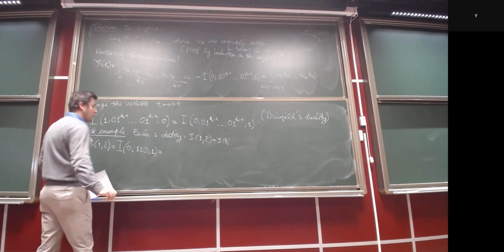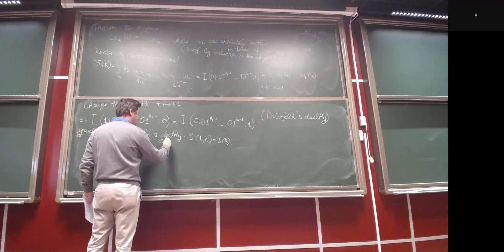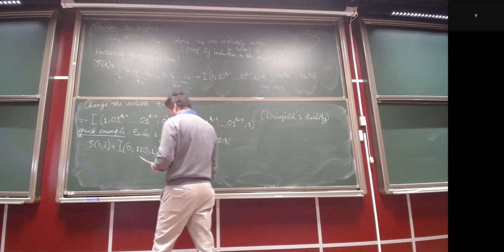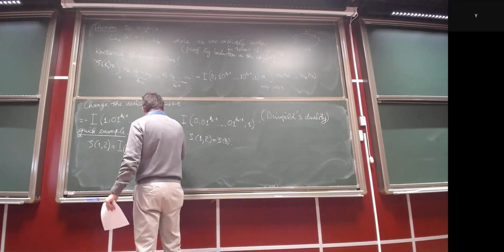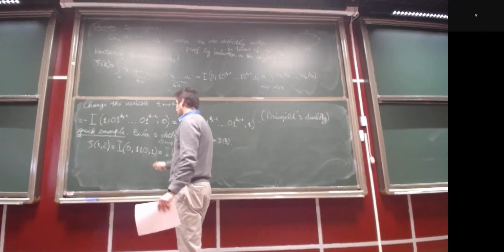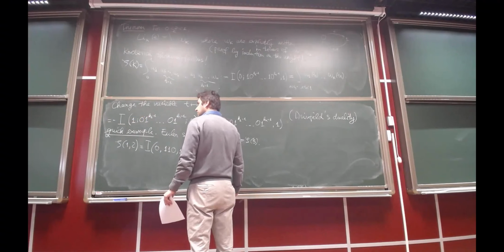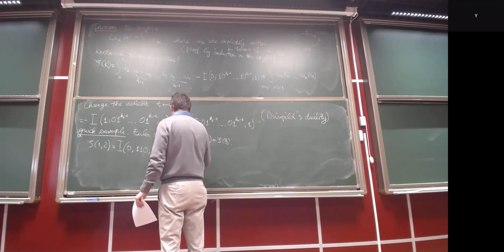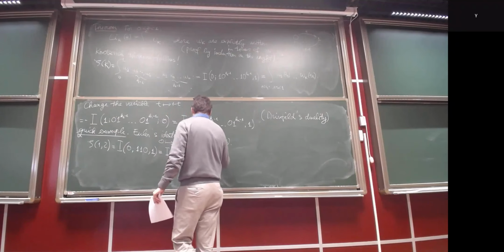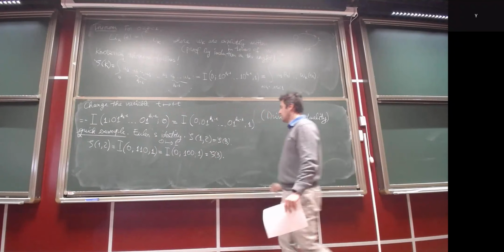And now what we're going to do is reverse and interchange 0 with 1. So when we reverse and interchange, this would be I of 0, 1, 0, 0, 1, which is exactly zeta of 3. So reverse and interchange.